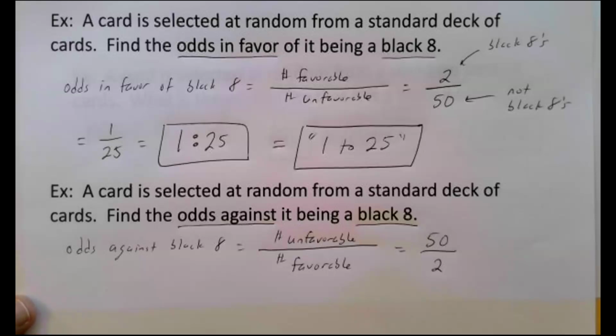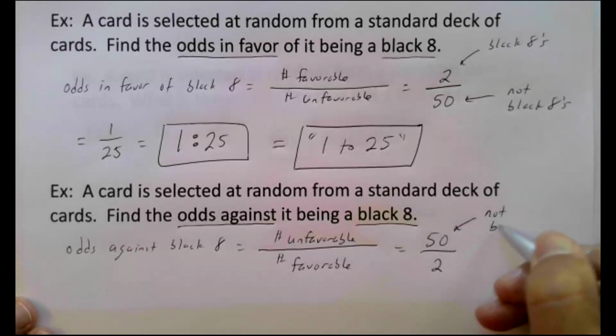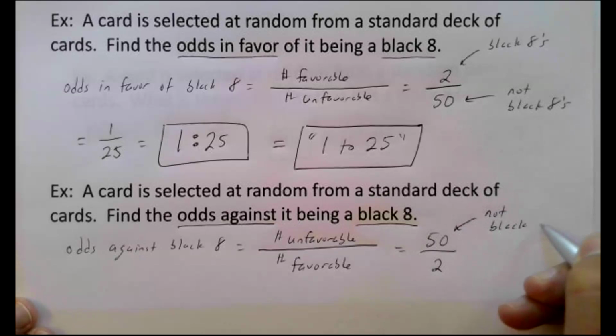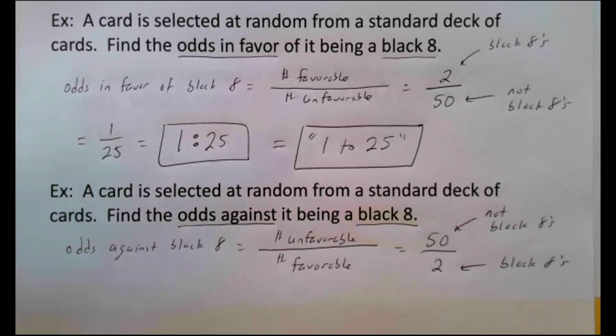Unfavorable meaning it's not what we're talking about. Favorable meaning it is what we're talking about. Again, it's the same answer I just got on the top one, but flipped.